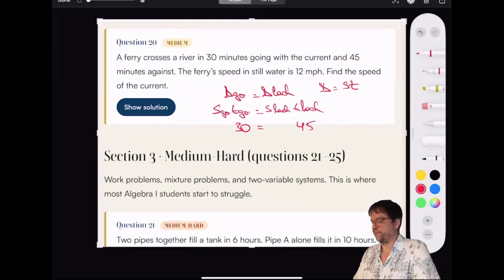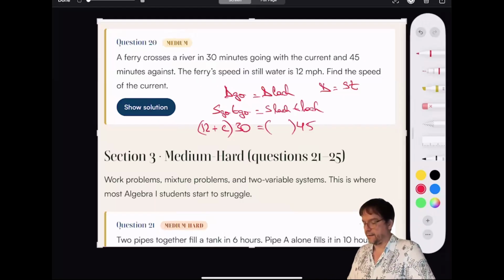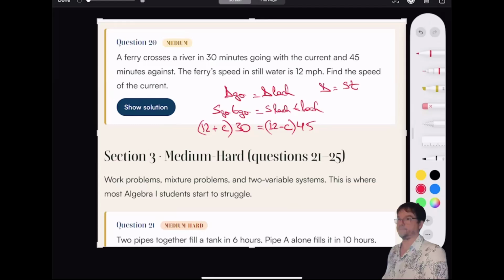Time to back, 45 minutes. Speed is not 12 and 12. To go is 12 plus the current. It's helping. To back is 12 minus the current, because the current is against.